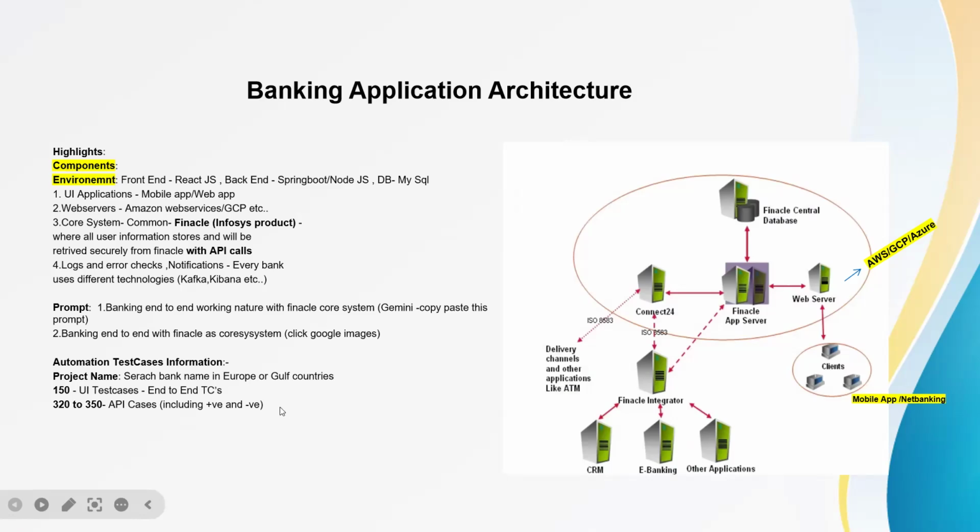I used to have 120 APIs, and including positive and negative cases, it came to around 350 API cases. You can explain it that way if they ask how many test cases you automated. I hope you understood how we can keep a banking application and explain it in interviews.